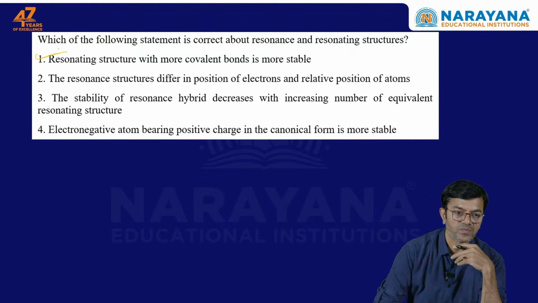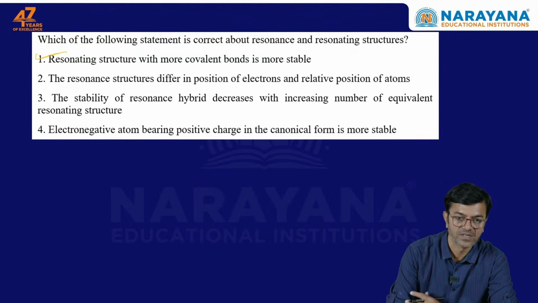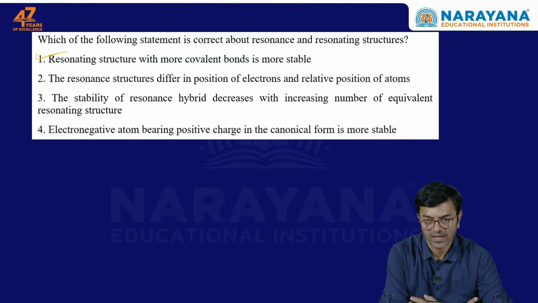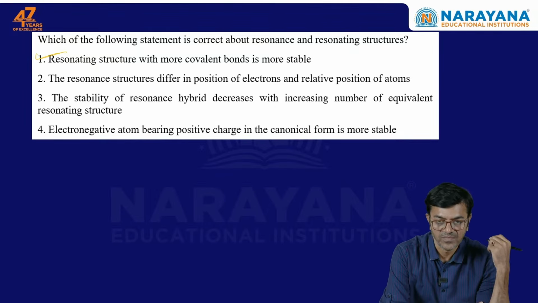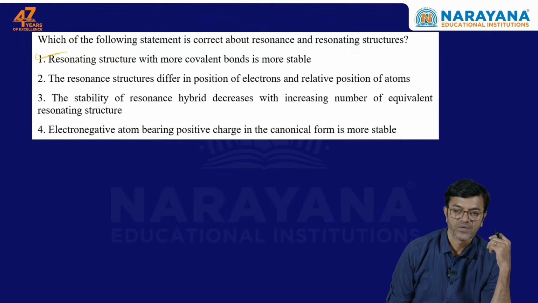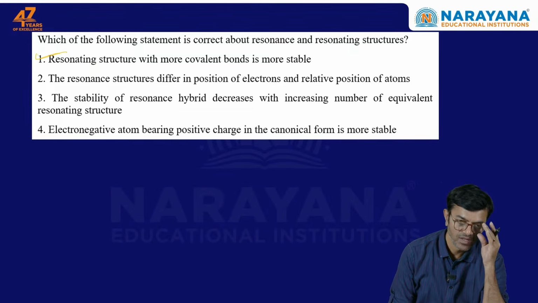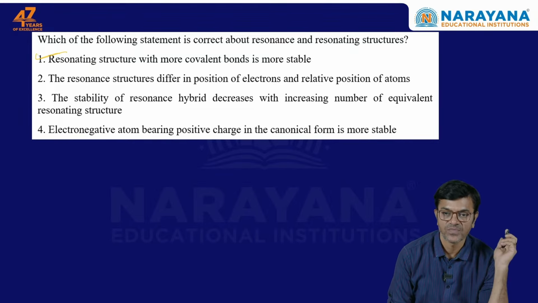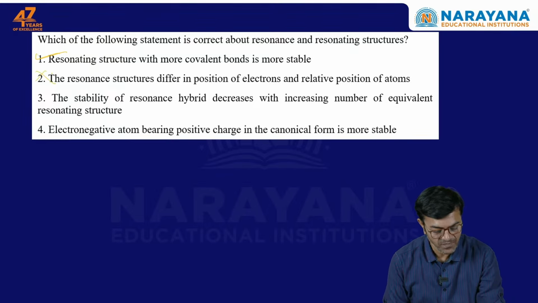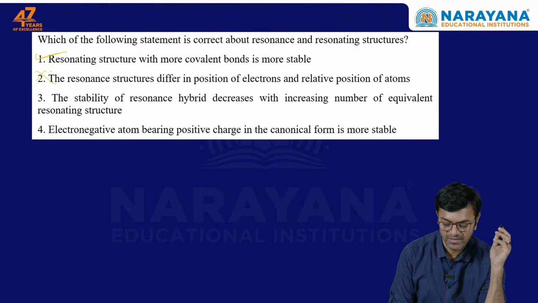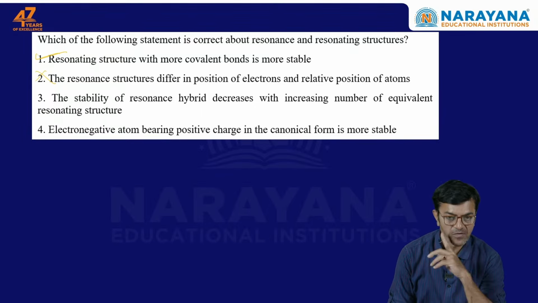And if you go to the second statement, resonance structures differ in position of electrons and relative position of atoms. In the rules of resonance, the definition itself says that without changing the position of atoms, we are allowed to change only pi electrons. So saying that the position of atoms is also different is incorrect. Stability of resonance hybrid decreases with increased number of equivalent resonating structures.